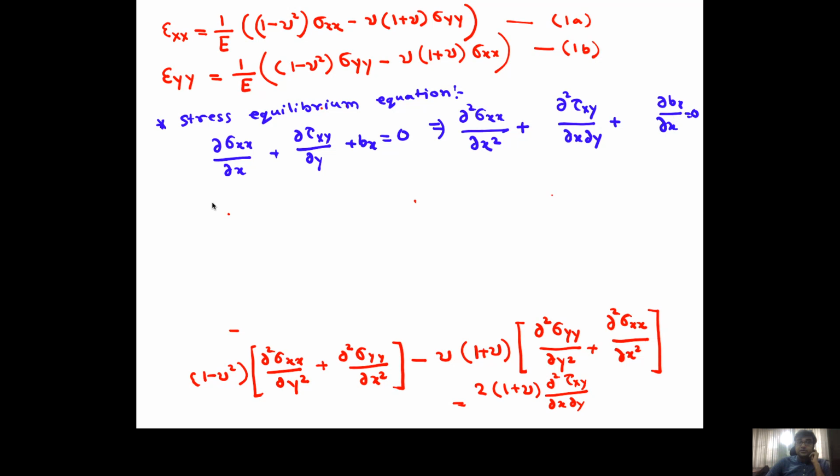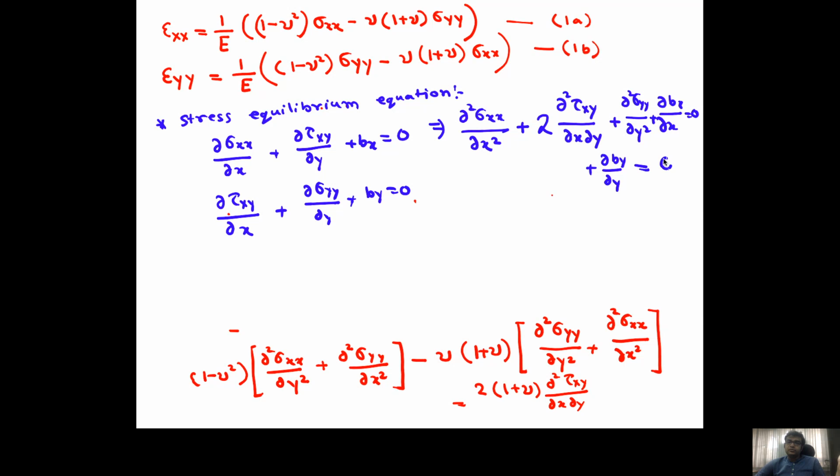So this is the first equilibrium. The second one is del tau xy del x plus del sigma yy del y plus by is equal to 0, which implies I'm going to take derivative of this with respect to y. So the first term will be this one. So I write 2 here. The second term will be del 2 sigma yy del y2. And then the third term will be another additional term, which is del by del y is equal to 0.